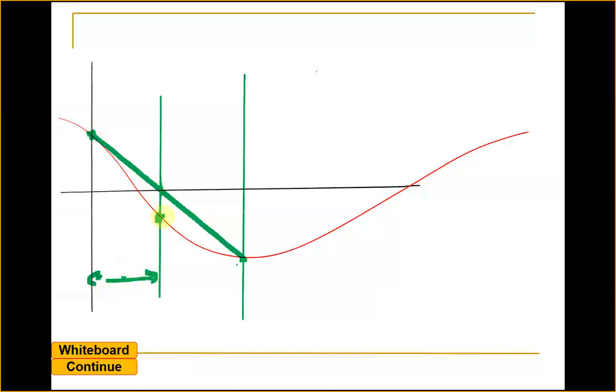Find the value here and do the same thing.